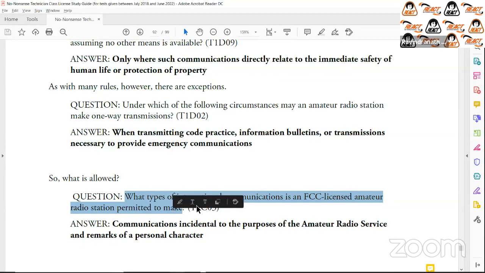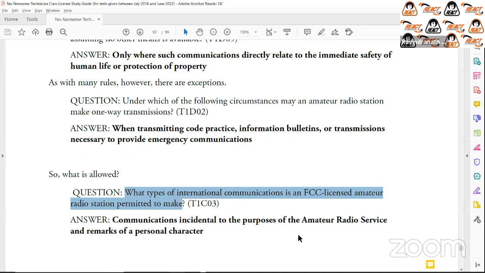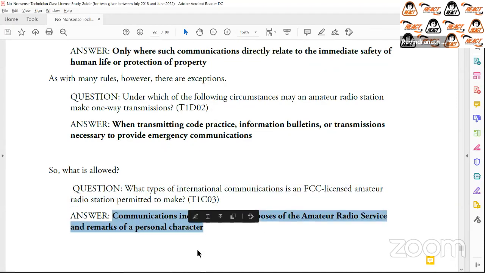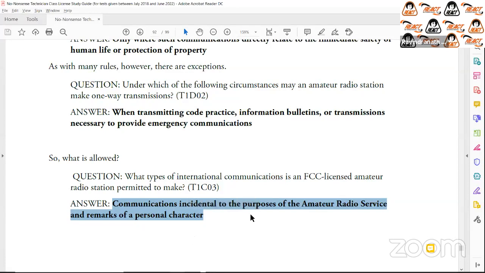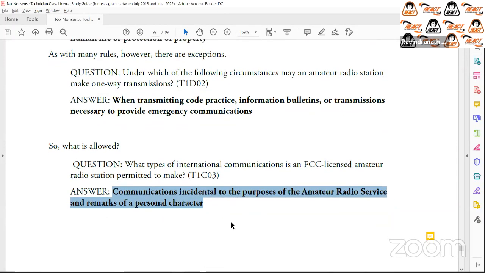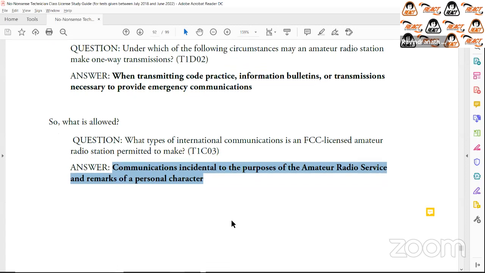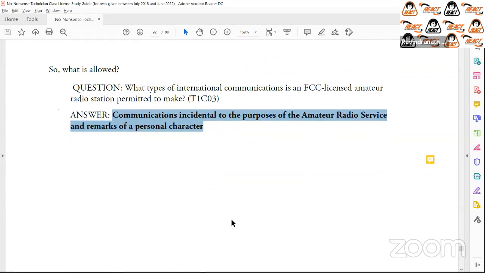What type of international communications is an FCC licensed amateur radio station permitted to make? The answer is communications incidental to the purpose of the amateur radio service and remarks of a personal character. Right? So that is what hams are allowed to do.